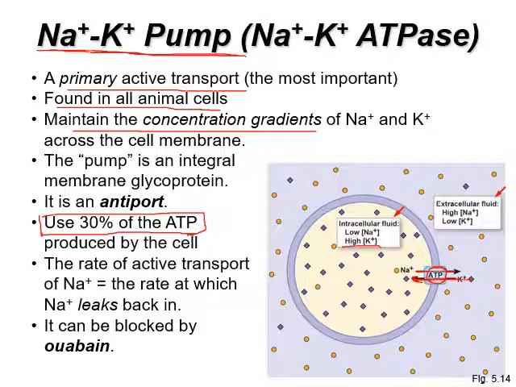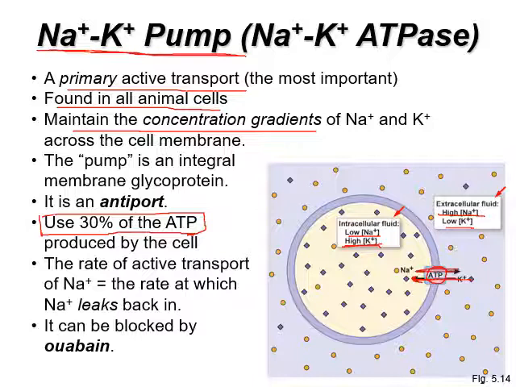And it's taking sodium out. Okay, so making sodium low on the inside, high on the outside. In turn, also, because it made potassium high, it's making potassium low on the outside. So we have two concentration gradients. We have a concentration gradient of potassium and a concentration gradient of sodium, just in opposite directions.